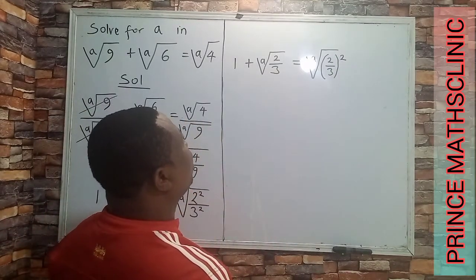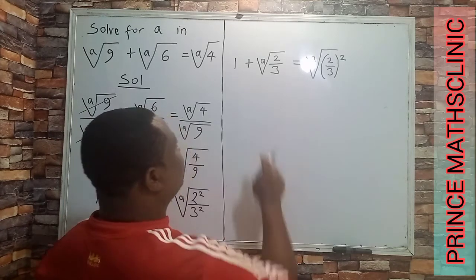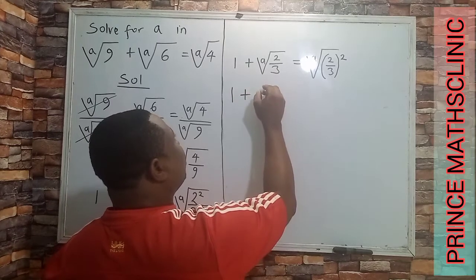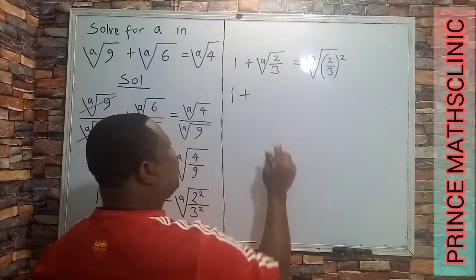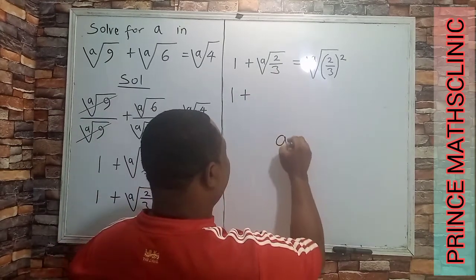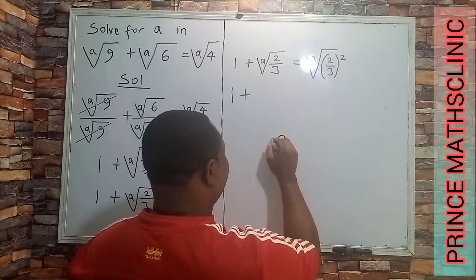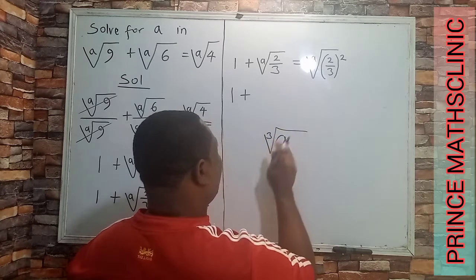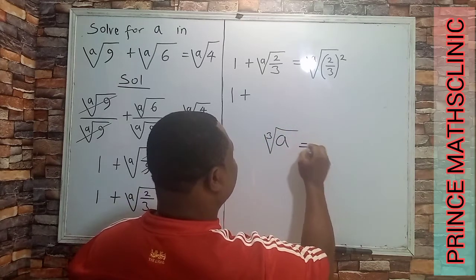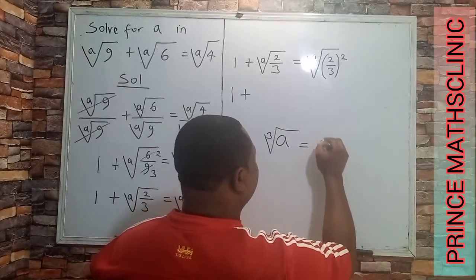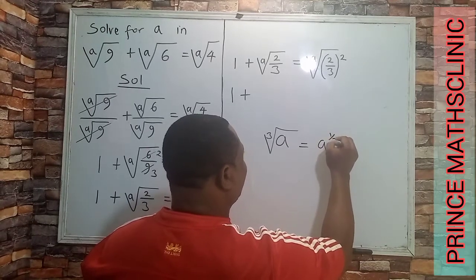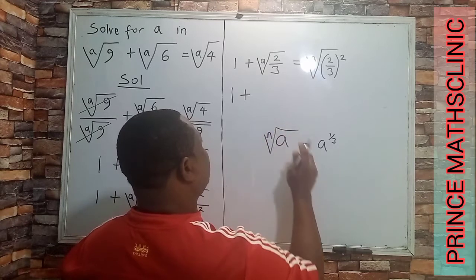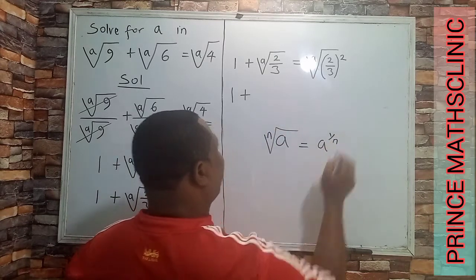Then of course I want to transform in such a way that I will have 1 plus, now when you have a root in maths, let us say the third root of a, if you convert this from surd to indices, it becomes a to the power of 1 over 3. If this is n, this is a to the power of 1 over n.